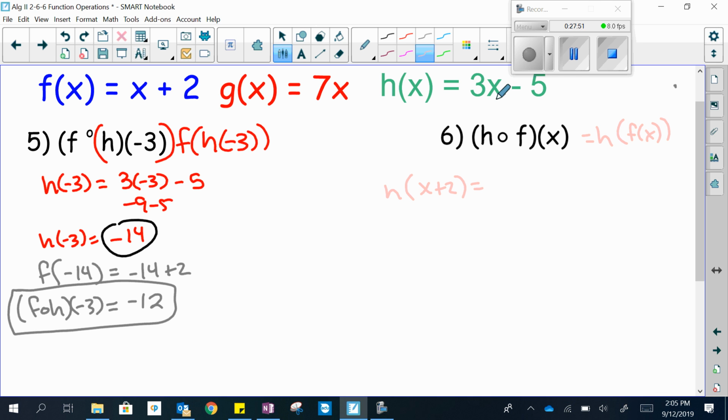I do what with this x? Yeah, I'm replacing that with x plus 2. Since it's a group of 2, I need to use parentheses around it. But the rest of the problem stays the same. So it was 3x minus 5. Now it's 3, what I'm using instead of x, minus 5. Got it? So we still have the same function. We're just replacing the x with x plus 2.